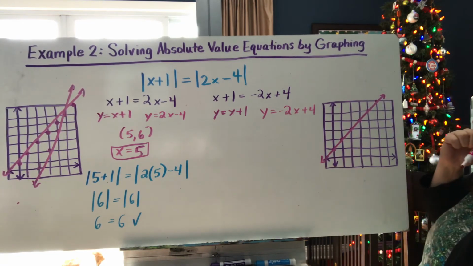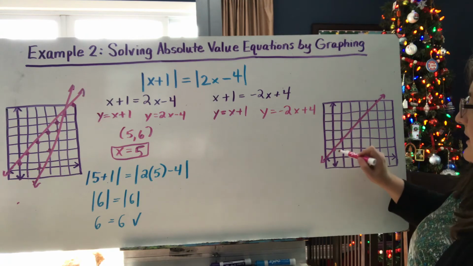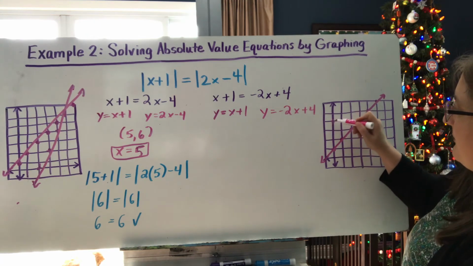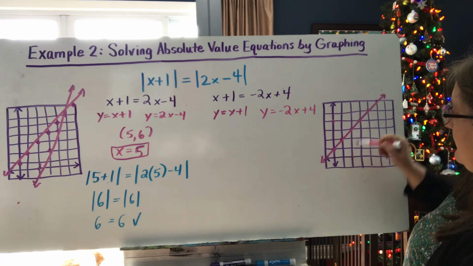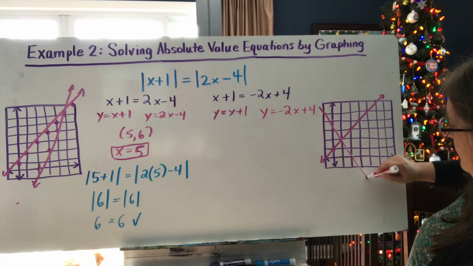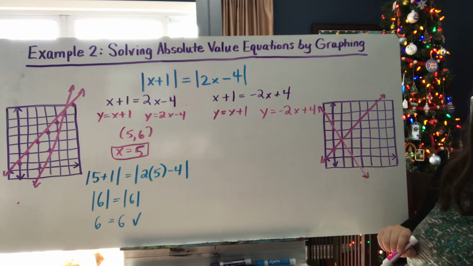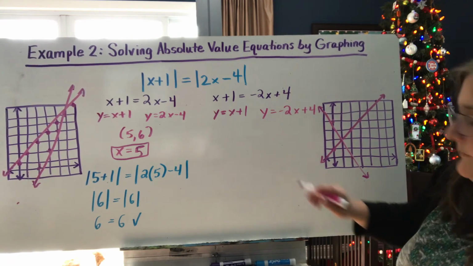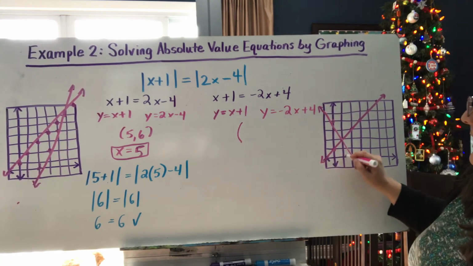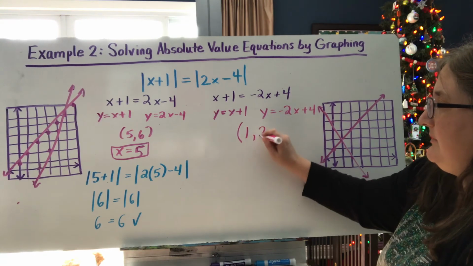And then I also have my second equation with a y-intercept of 4 and a slope of negative 2. So these guys are crossing at the point 2, 1. I'm sorry, 1, 2. My mistake.